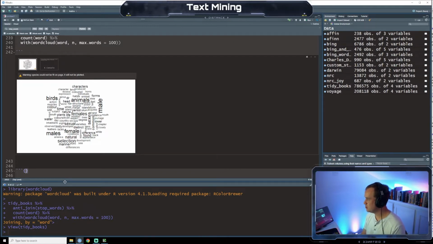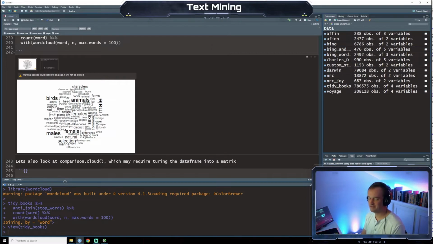Okay, so let's also look at comparison cloud as another cloud thing, which may require turning the data frame into a matrix.